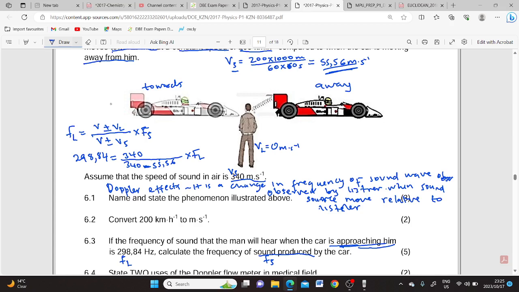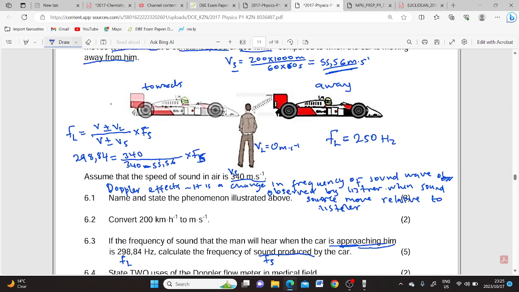So having this, you can do your maths here, and then you'll have the frequency of the source as 250 Hz. According to the formula, he is supposed to be the source, not the listener.